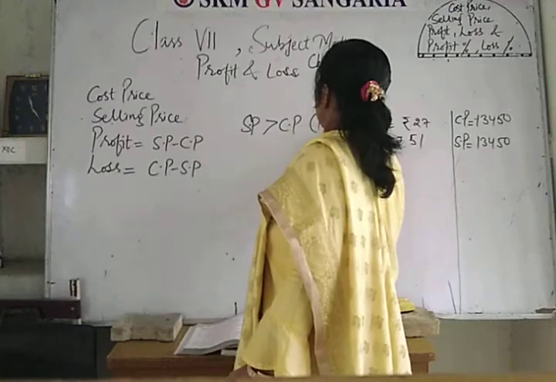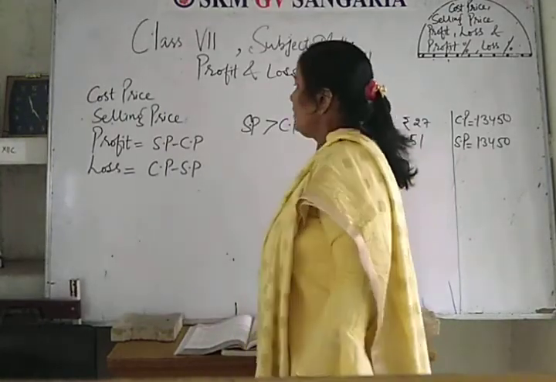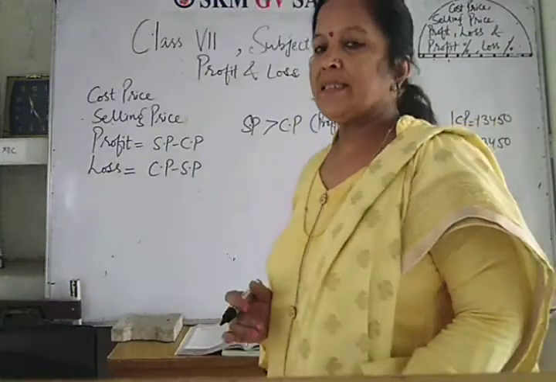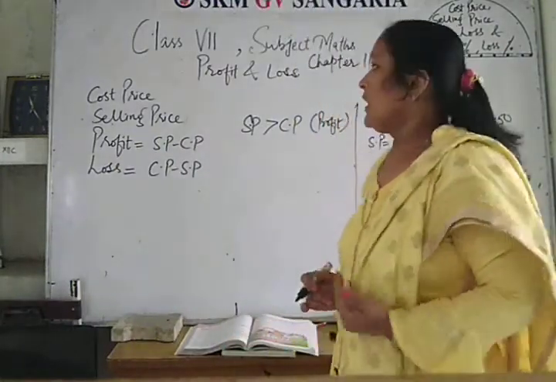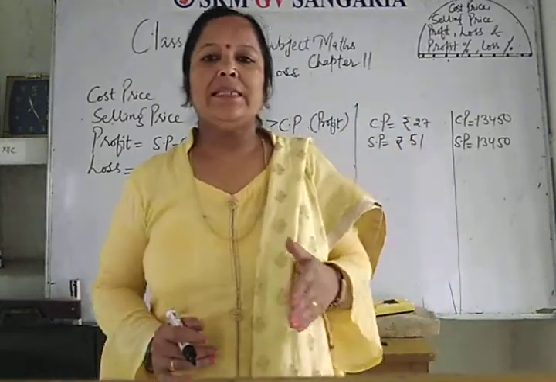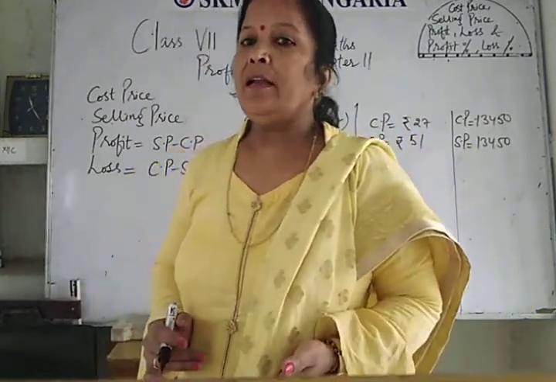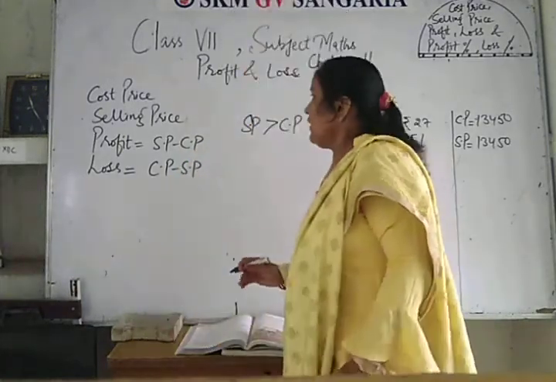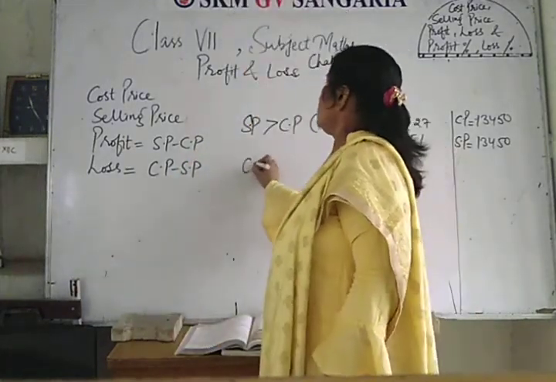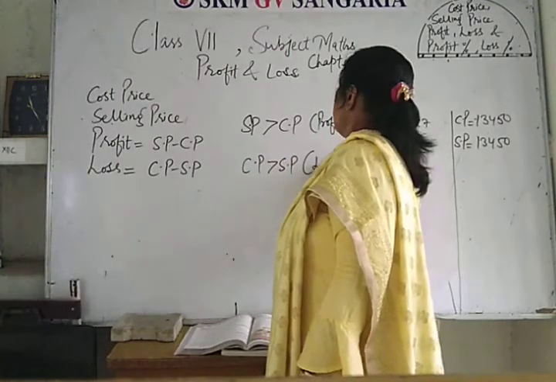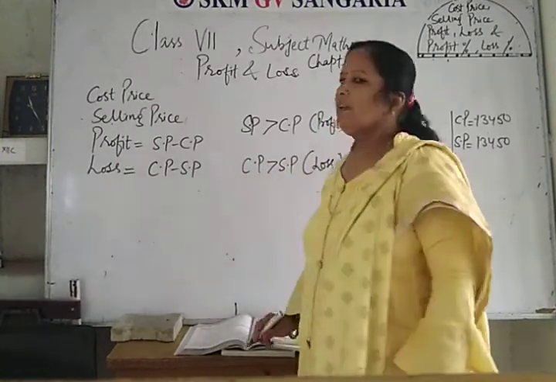When selling price is less than the cost price, when the cost price is more and selling price is less, then in that situation there will be loss. When CP is greater than SP, there will be loss.